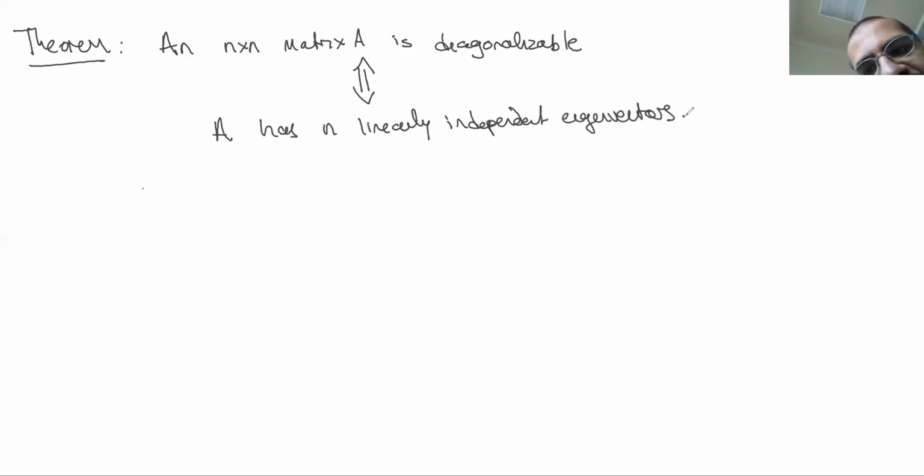And in this case, the correspondence is very explicit. So, the proof. Well, let's actually start from the bottom. Let's suppose A has n eigenvectors.